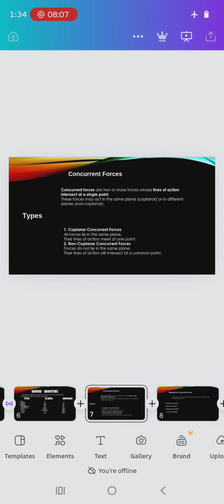Next one is the concurrent forces. What are concurrent forces? The concurrent forces are two or more forces whose lines of action intersect at a single point. These are called concurrent forces.